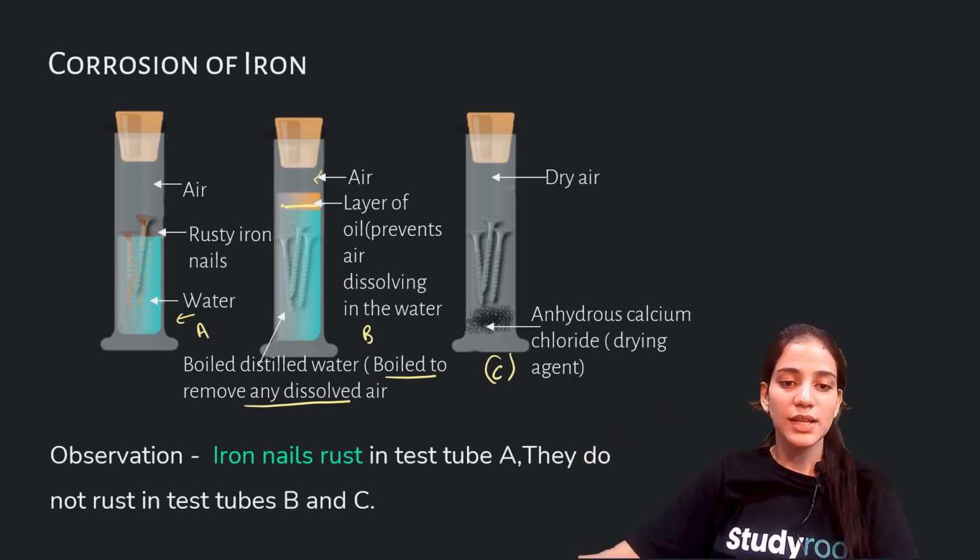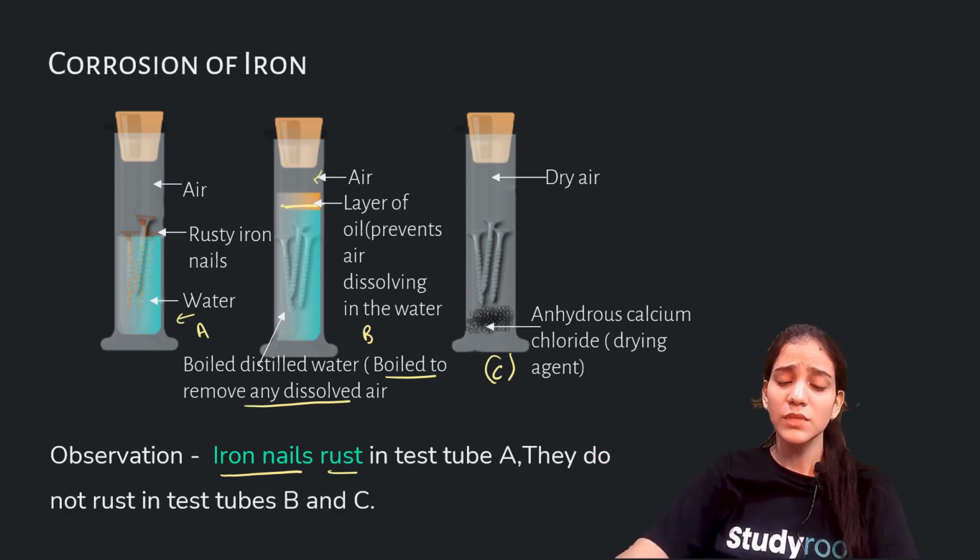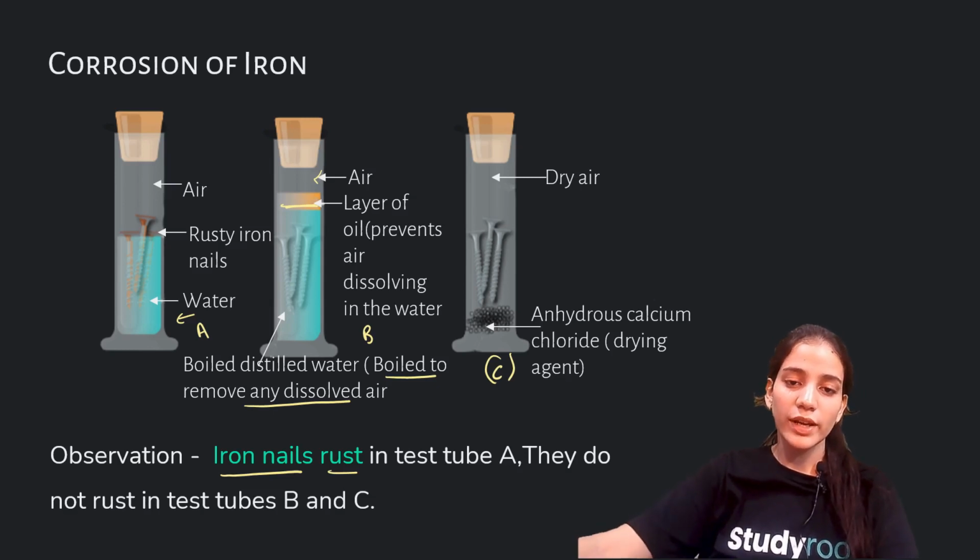It says that iron nails rust in test tube A, whereas they do not rust in test tubes B and C. So the oil prevented these nails from rusting, and the drying agent prevented the iron nails from being rusted.